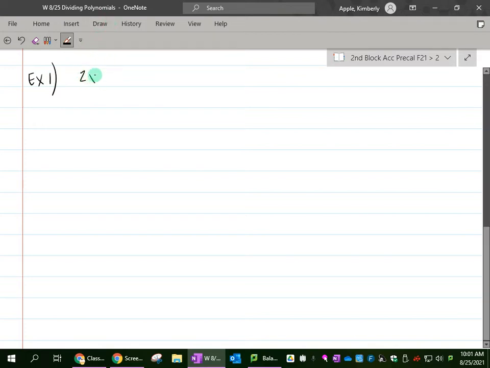Let's say 2x squared plus 12x plus 11 divided by x plus 5. Because fractions are just division, right? It's just another way to write a division problem.